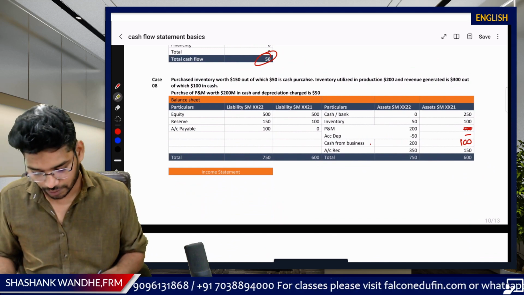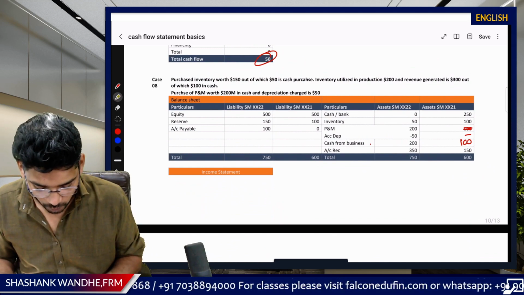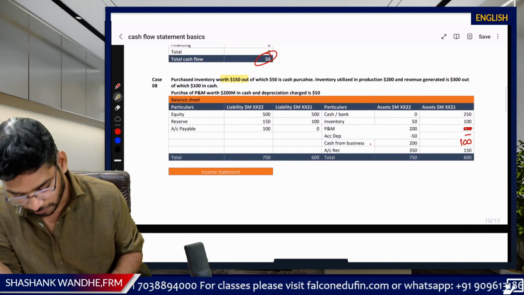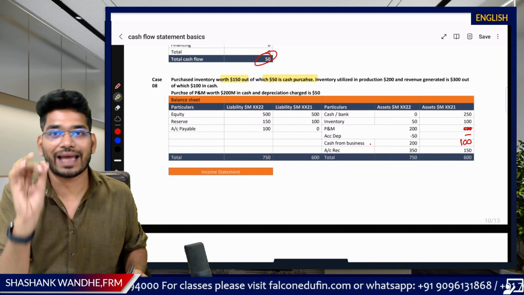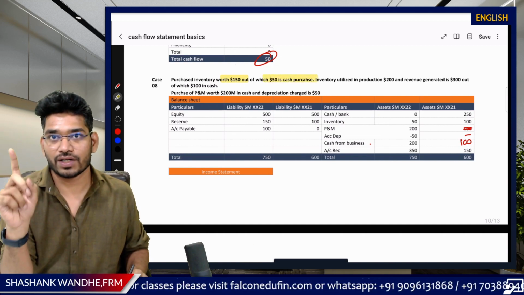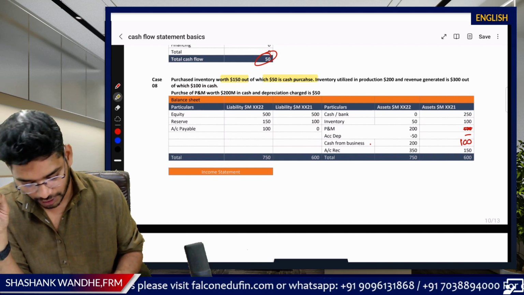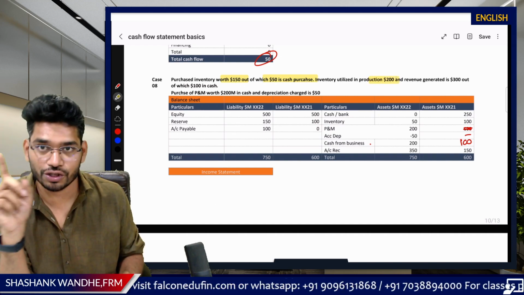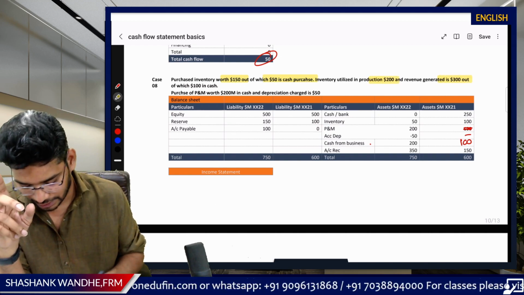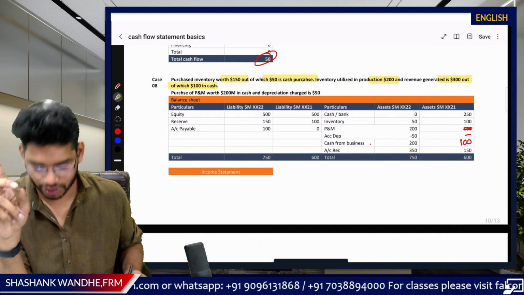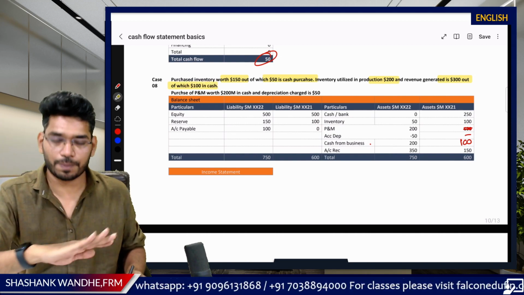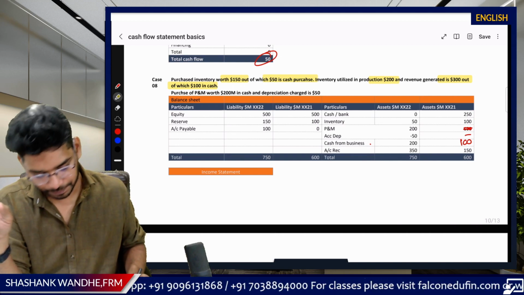Now next illustration. Purchased inventory worth 150, out of which 50 is cash purchase, utilization of 200, revenue generated 300, out of which 100 is in cash. Now this whole portion is exactly the same as before.